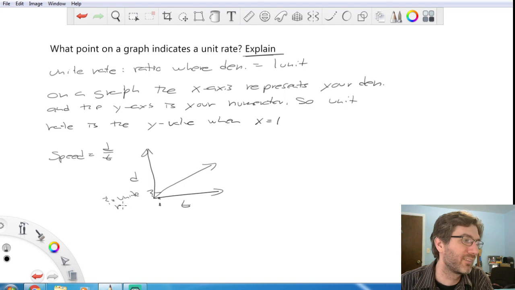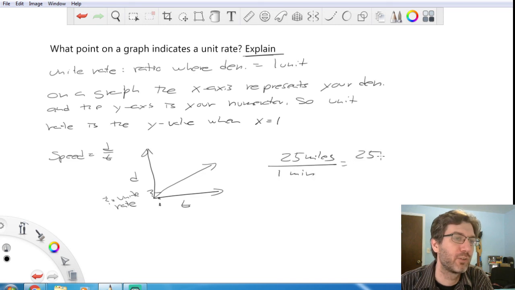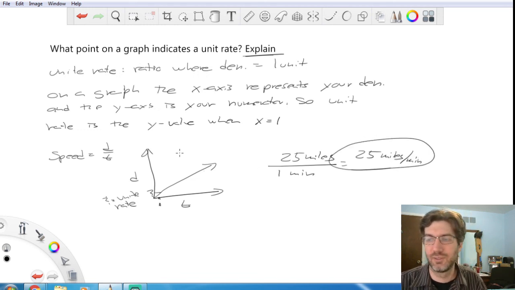And therefore you will know, hey, for example, maybe I'm going 25 miles in 1 minute. So your speed is 25 miles per minute. There's your unit rate. Any other questions before I let you go?